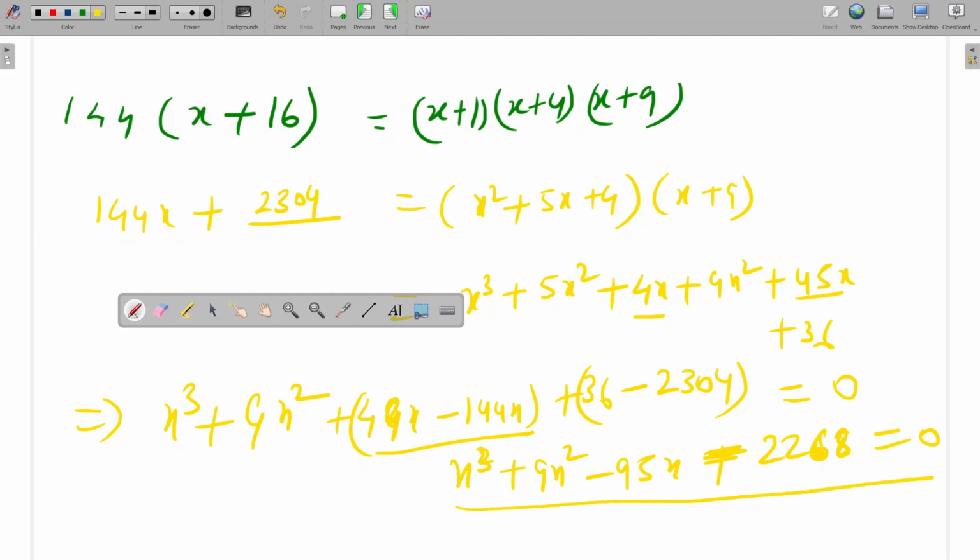So only one option is there. If some options are given, let's say they are asking for omega GC, we'll find this equation, where omega square is x. We'll put each option's value in this equation, and whichever gives 0, that option you should tick.